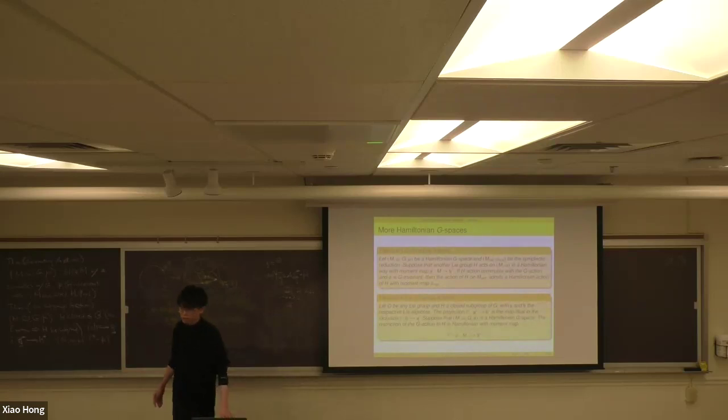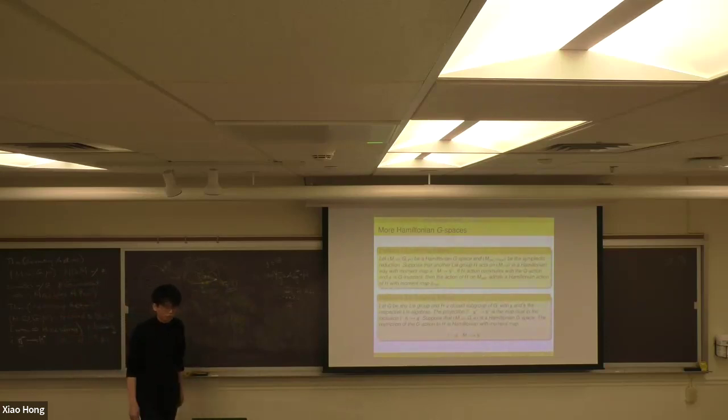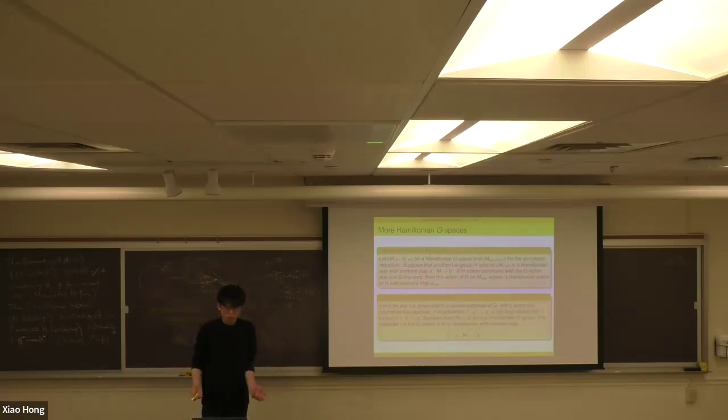The first one is the commuting action. Suppose we have the Hamiltonian G space, and there's another Lie group H acting on that, which commutes with the original Lie group. And also we suppose the moment map is H invariant. Then the reduced space is not just a symplectic manifold.